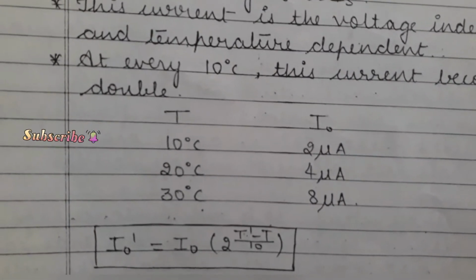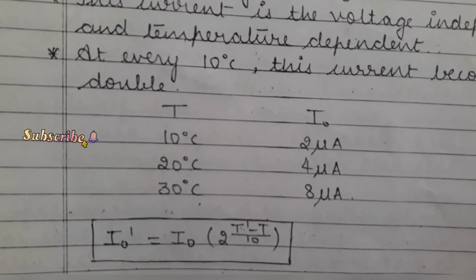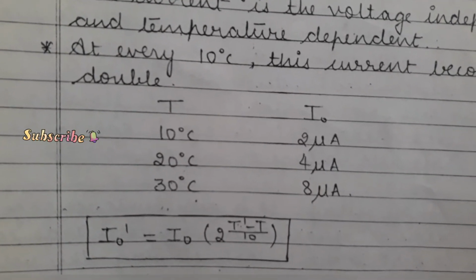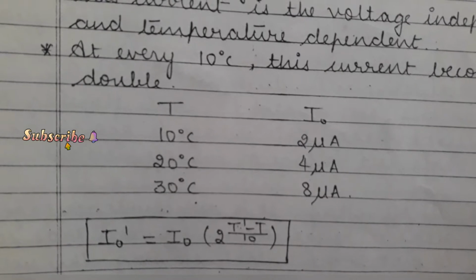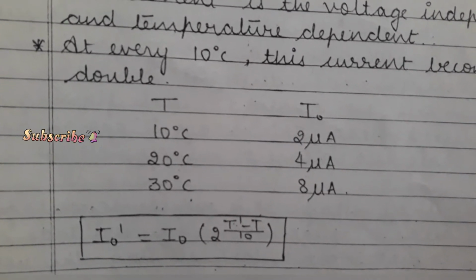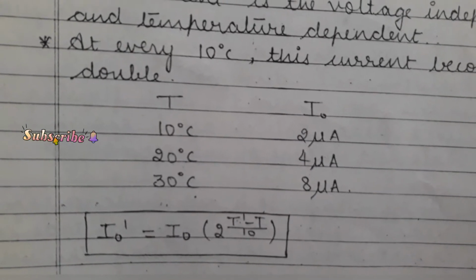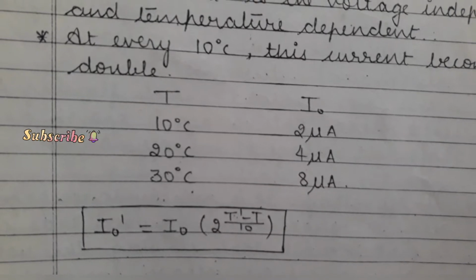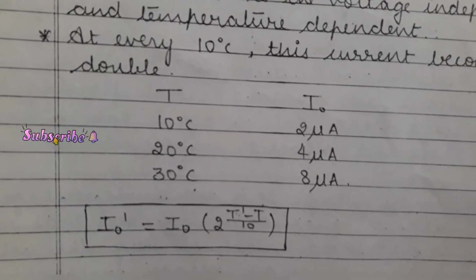For example, 10 degree centigrade gives 2 microampere, 20 degree centigrade gives 4 microampere, and 30 degree centigrade gives 8 microampere. I naught dash equals I naught times 2 to the power (T1 minus T) by 10.